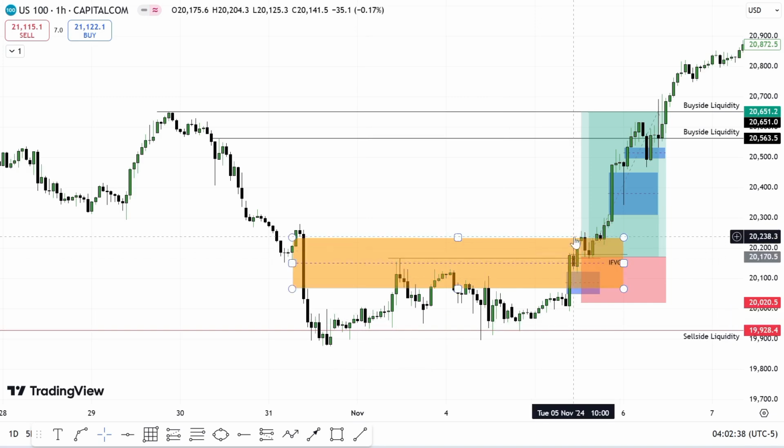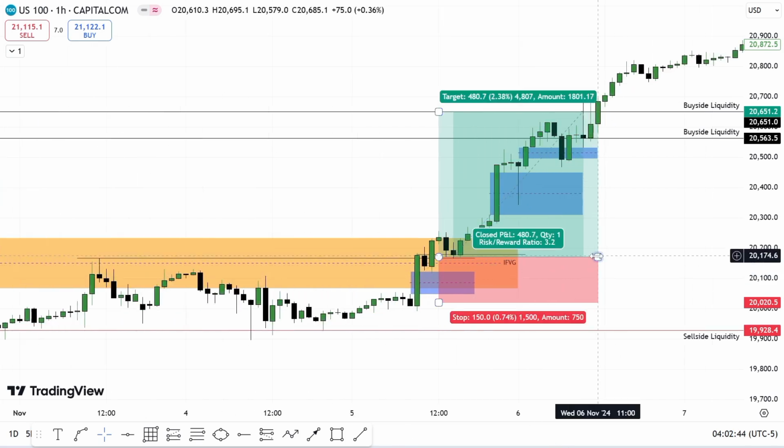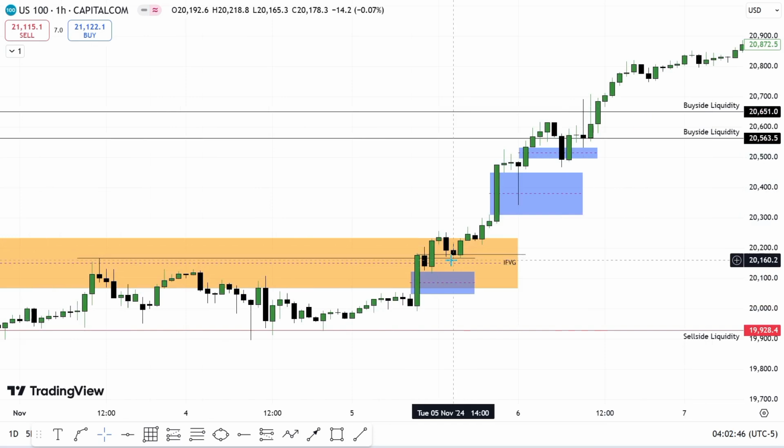Once it displaced higher, now we have a bullish order block at this point. See how it retraced back to this bullish order block. Now the candlestick has traded out of this bearish fair value gap, which is what it was initially. Having broken out of this bearish fair value gap, it becomes an inversion fair value gap.